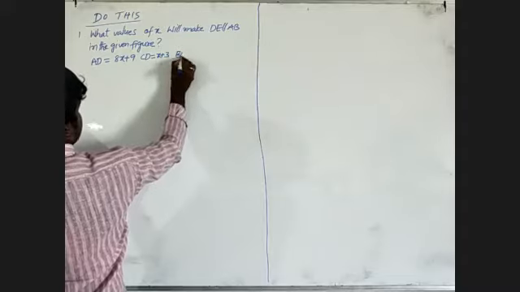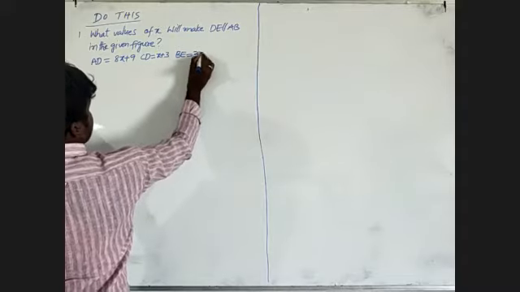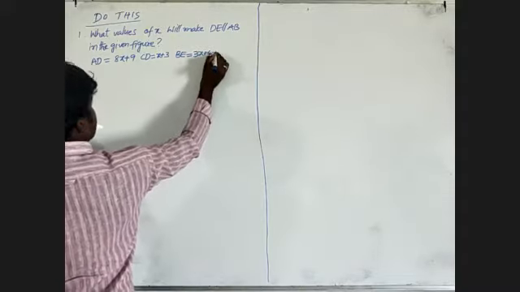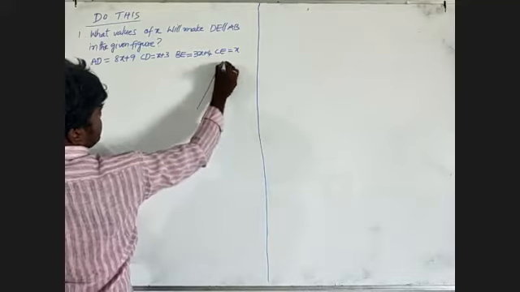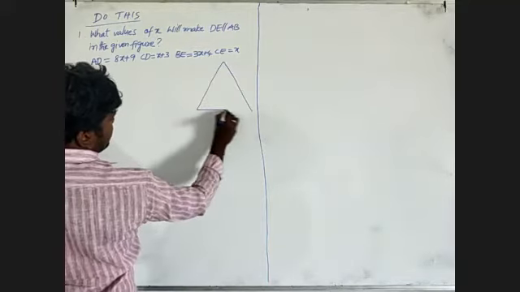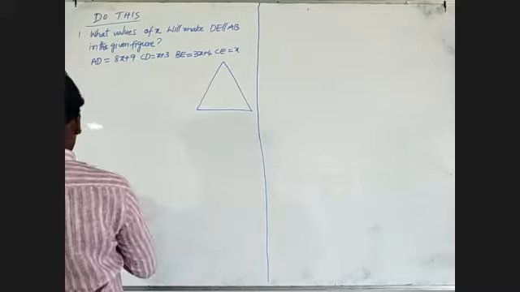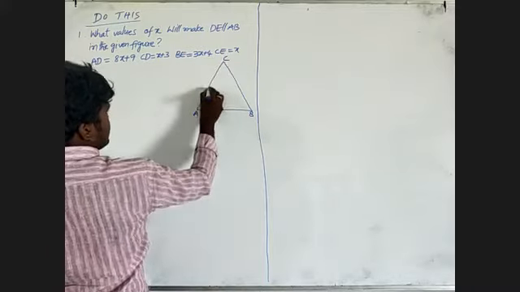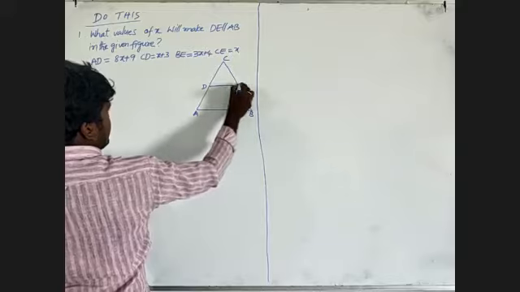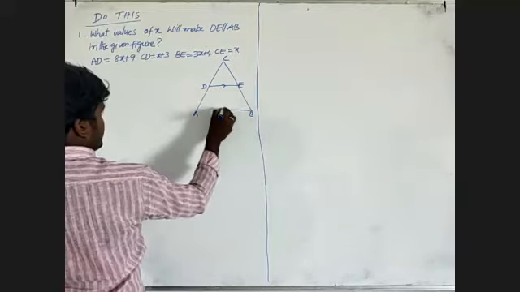After that, BE is equal to 3x plus 4. Finally, CE is equal to x. Here is the given figure. The name of the given figure: we'll take A, B, C. This is D. After that, this is E.